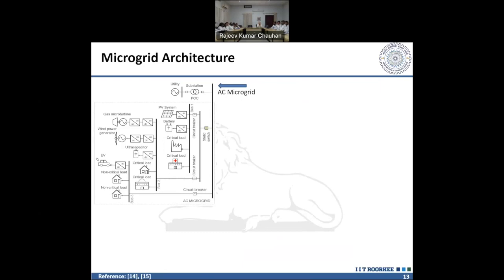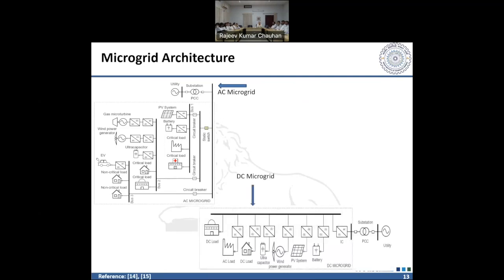But most of our loads are AC in nature. In the AC microgrid, my bus is the AC bus, and all types of energy I am converting into AC and connecting to this line. So that is my AC microgrid. Another is my DC microgrid, because most of my generation is DC in nature.